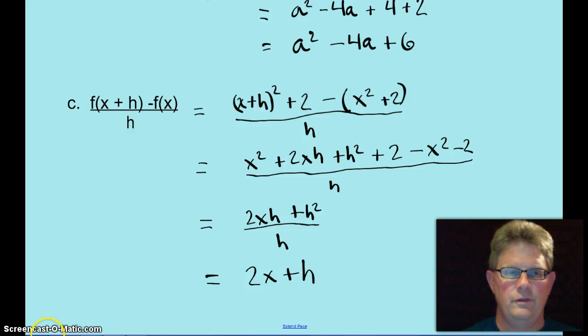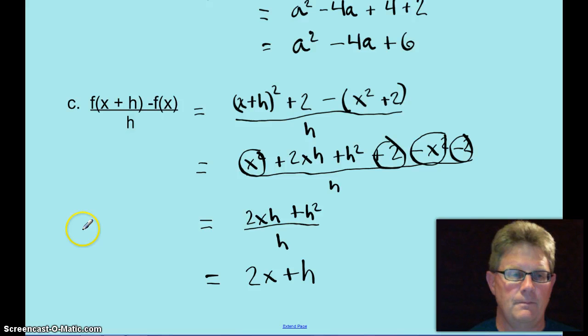It's kind of nice with these functions that anything that does not have an h in it will end up canceling out. It just always works that way really nice, so that when you go to evaluate, you can factor out an h from the numerator and cancel with the h in the denominator, 2x plus h. Alright, let's go ahead and move on to the next page.